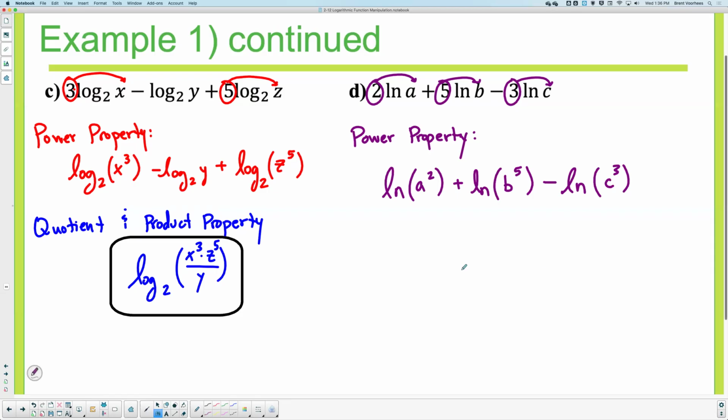All right, Isabella, what do I do with 2 logs that are adding? They're going to be multiplying on the inside, so that's a product property. Good. What about a log that's subtracting? Divide. That'll be a quotient property. So we're going to do a product property and a quotient property.